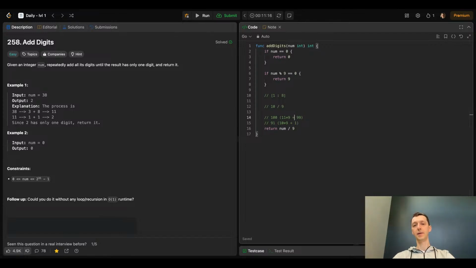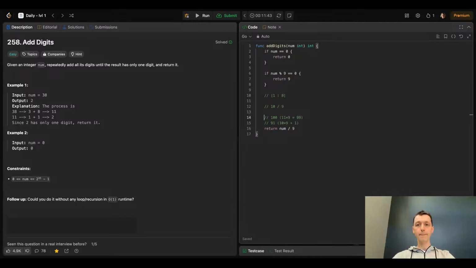We only care about that one. And as we know, if we add 9 plus 1 it will be 10, and 10 has a sum of digits of 1.